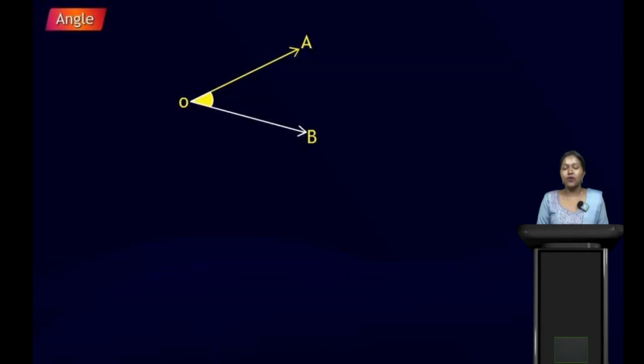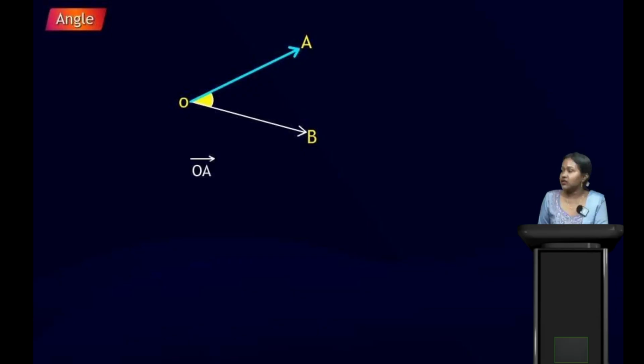Can you tell me the name of this angle? What is it? Very good. This is angle AOB, or we can say angle BOA, right? The representation of the angle is based on two rays, as you know.